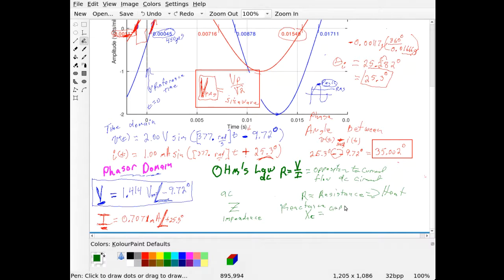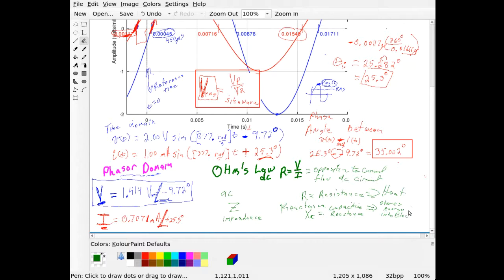Capacitive reactance stores energy into the electric field of the capacitor.